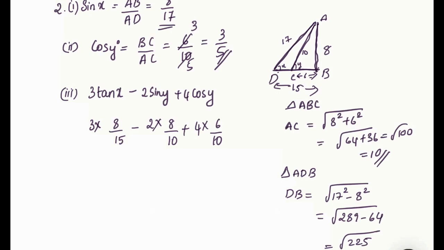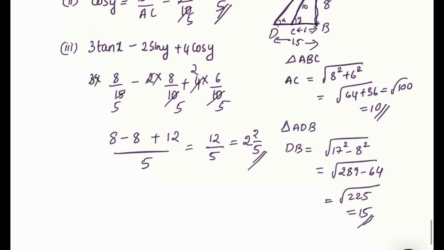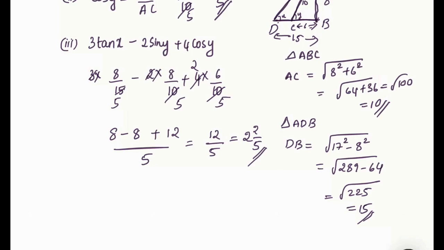How do we solve this question now? 3 5s are 2, 2 5s are 2, and so on. So 8 minus 8 plus 2 6s are 12 by 5. So finally you will get the answer as 12 by 5, that is equal to 2 2 by 5. Hope it's clear to you all. Thank you, students.